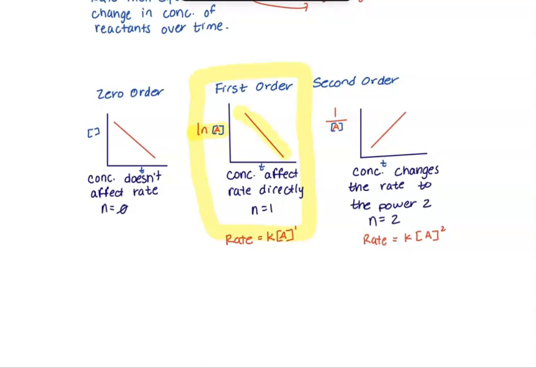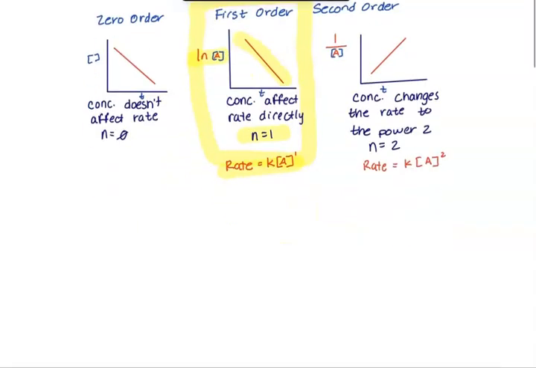In a first order reaction, concentration will affect the rate directly. If it does, n will equal 1, and the expression is rate equals k times concentration to the power of 1. All right, so let's figure this out.